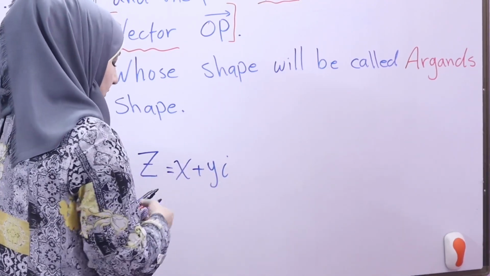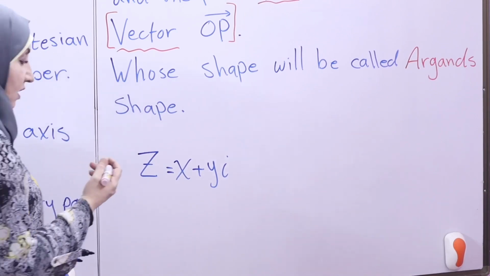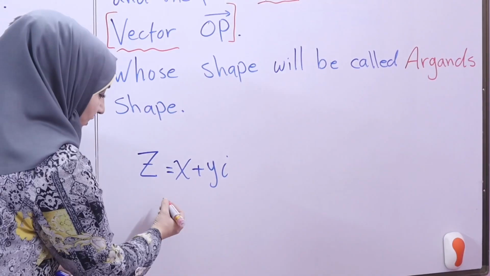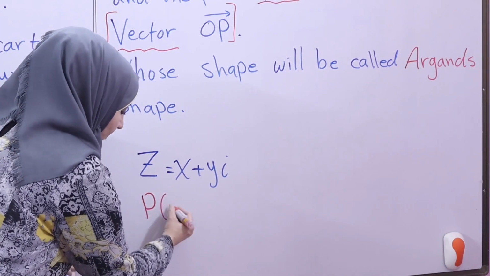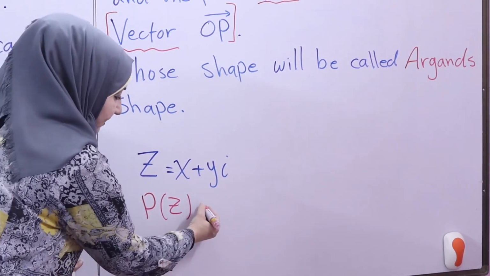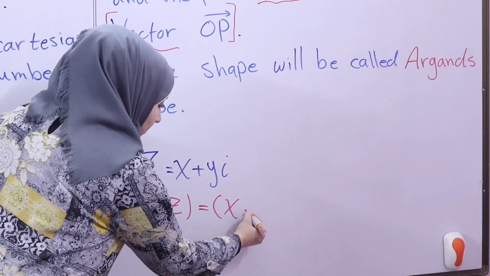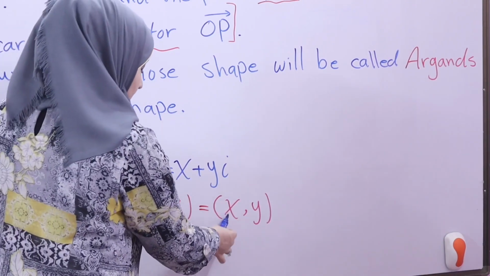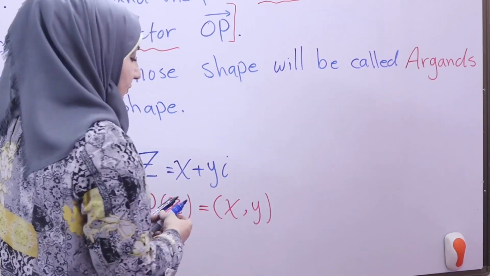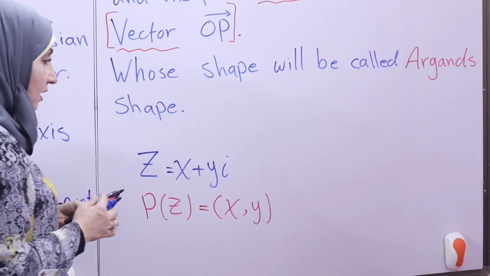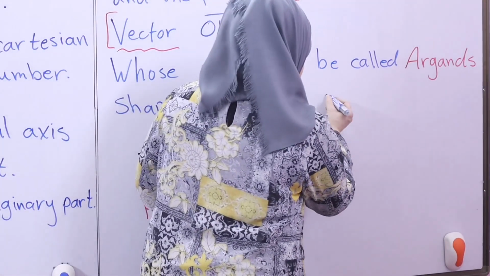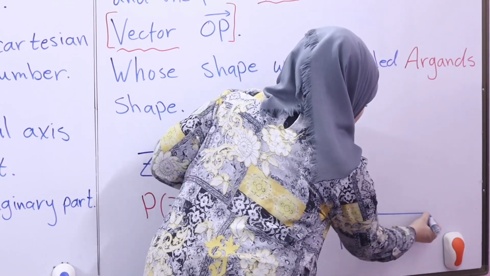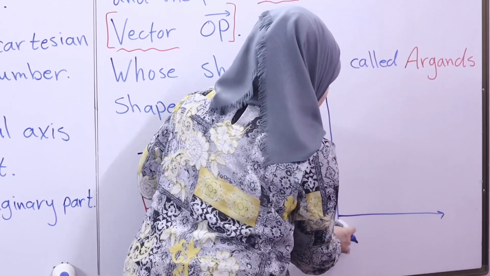أريد أمثل هذا العدد المركب Z يساوي X Y. So the Cartesian form for this complex number will be P of Z, the point of Z equal X, Y, the ordered pair X, Y, which X is the X coordinate and Y represents the Y coordinate. So we can represent it in the coordinate plane.